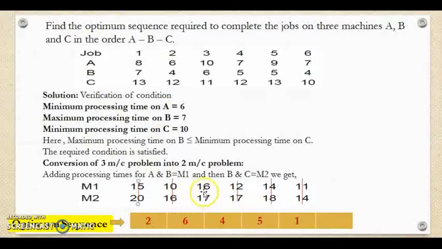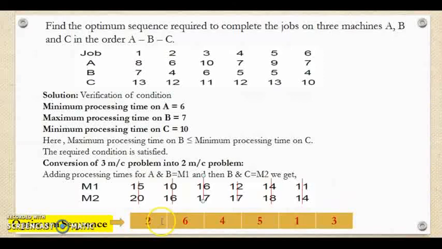Now there is only one job remaining for the sequence and there is only one cell remaining. So let us sequence job number 3 last as per these blocks. So let us eliminate these times from further calculations. So this is the optimum sequence as per Johnson's algorithm for 3 machines n jobs.